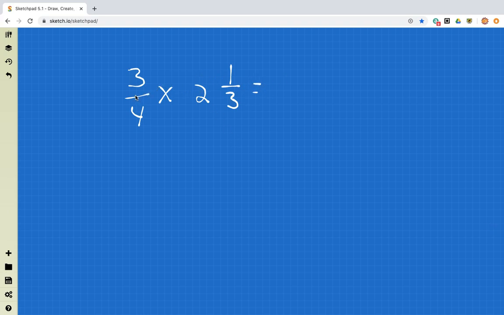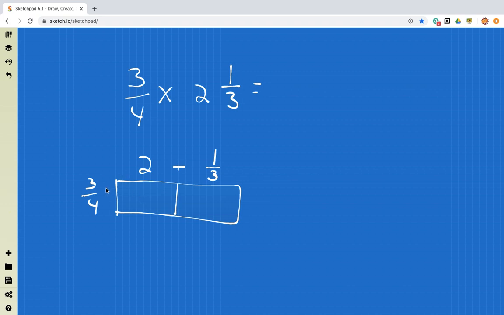Again, we know how to multiply 3/4 times 2, and we know how to multiply 3/4 times 1/3. But we have to do them separately. I'm going to come down here, give myself a nice little area model to work with. This is going to be 3/4 over here, and this is going to be 2 1/3. Now I can do the parts individually.